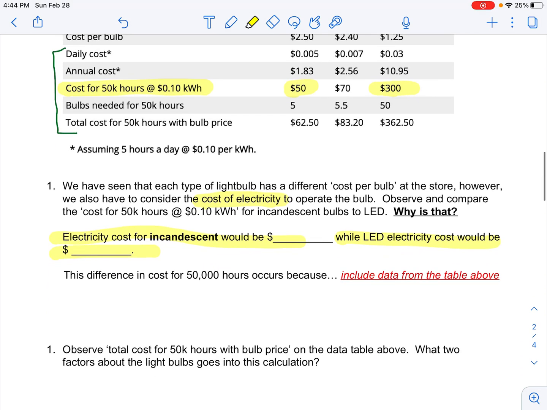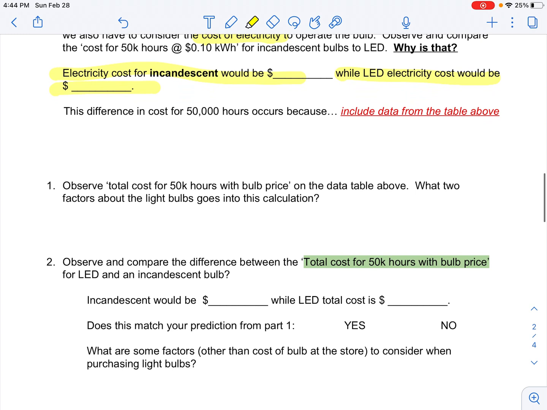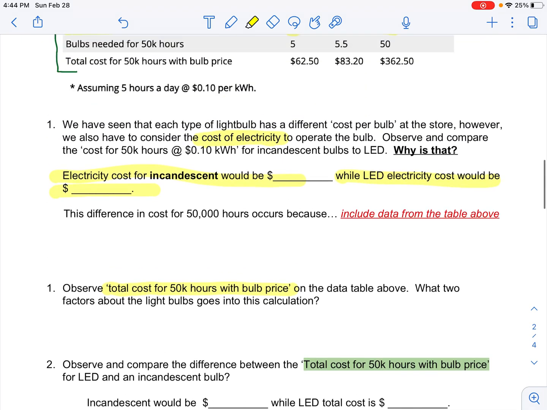Okay, now let's take a look at the next question. Observe the total cost of 50,000 hours with bulb price on the data table above. What two factors about the light bulbs go into this calculation? So let's just take a look at what that says. Total cost for 50,000 hours with the bulb price.